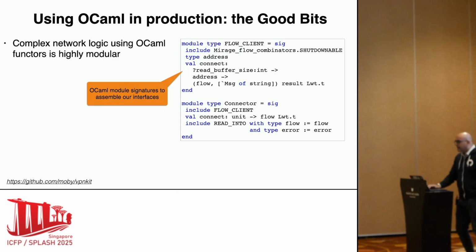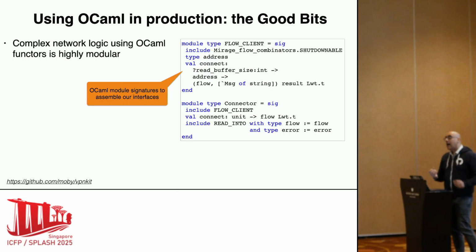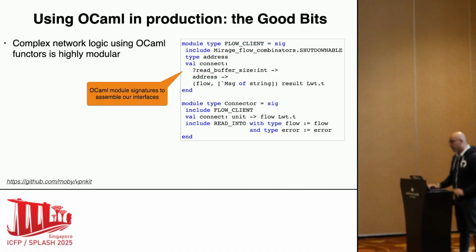So the first thing is that because our networking code is so modular, because it's written in OCaml, we heavily used signatures and functors to pull that off. For example, here we have OCaml signatures where we can include different combinators and signatures in order to assemble the structural interface we want, for example for the output from the Mac or from Linux itself.